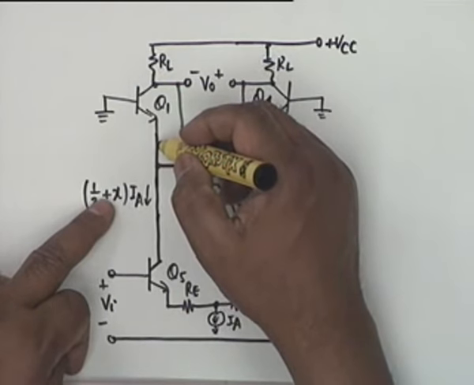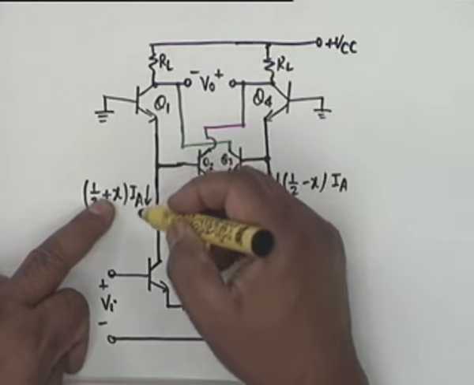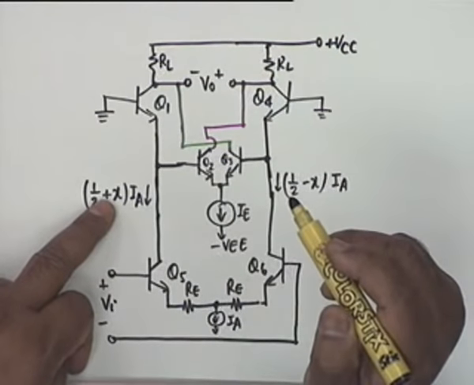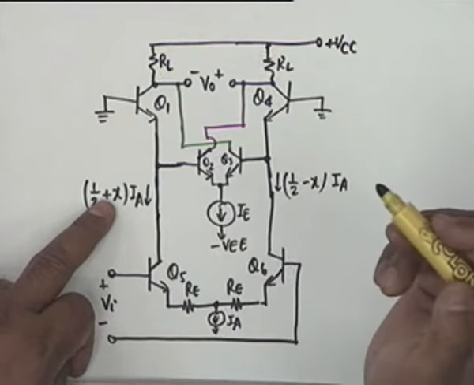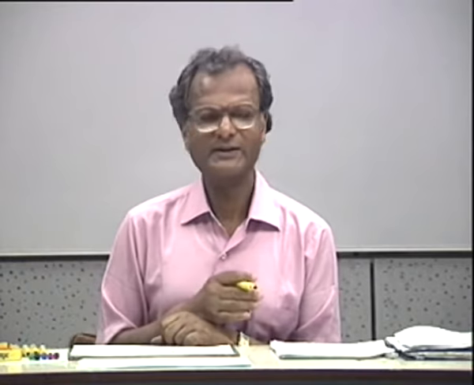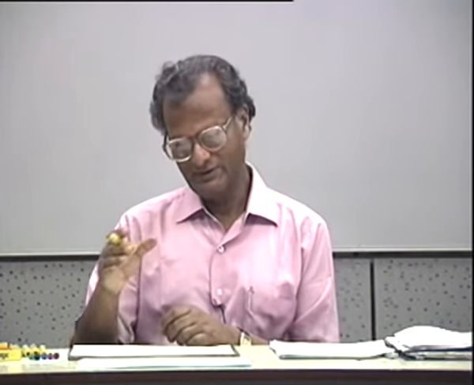If beta is less than 10, then IE1 cannot be equated to this. Then the whole expression shall change, and you will not get the gain 1 plus IE by IA. Now beta will be less than 10 at very high frequency, and therefore the expression shall not be valid at high frequencies. That's all that it means. In other words, the gain at high frequencies will decrease.